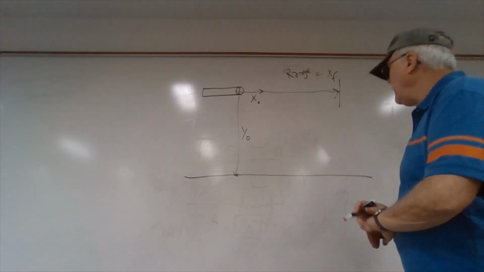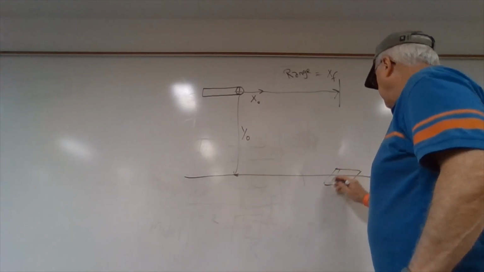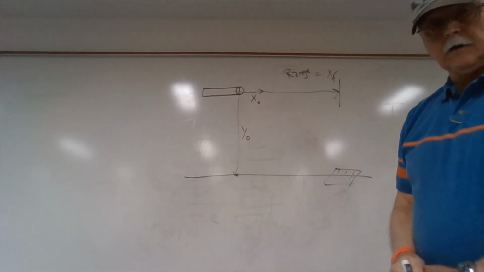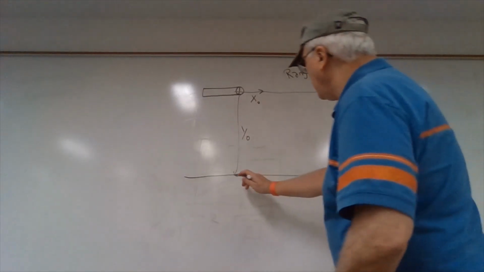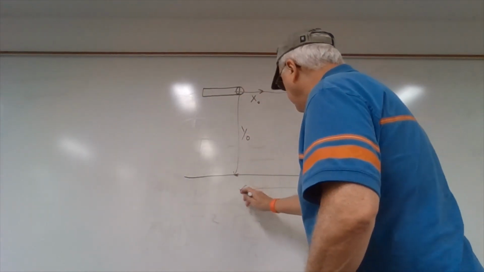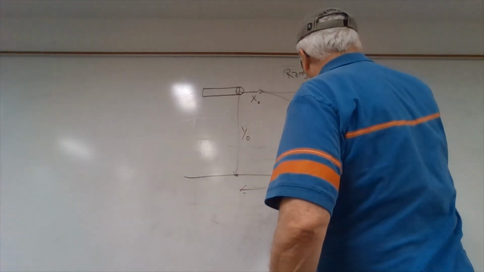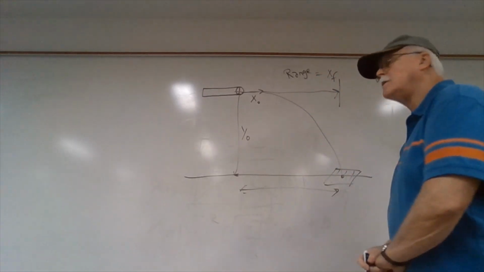So if I take a piece of carbon paper and put it right there, and I know the distance out here where the ball hits, it's going to follow some sort of a trajectory like that.